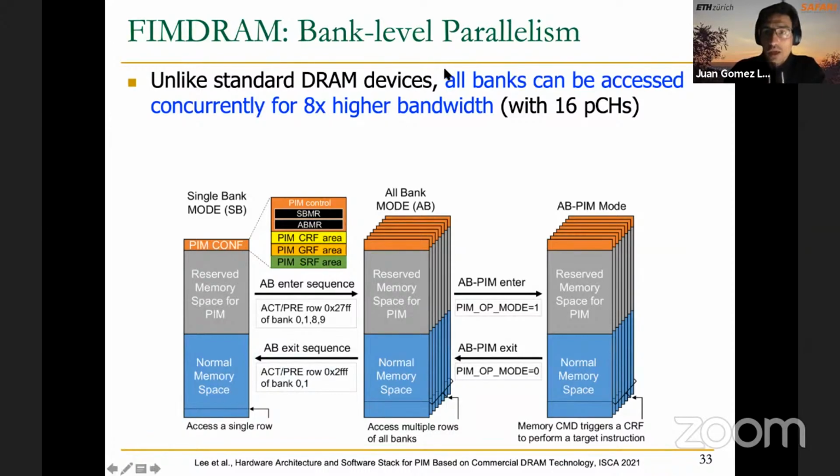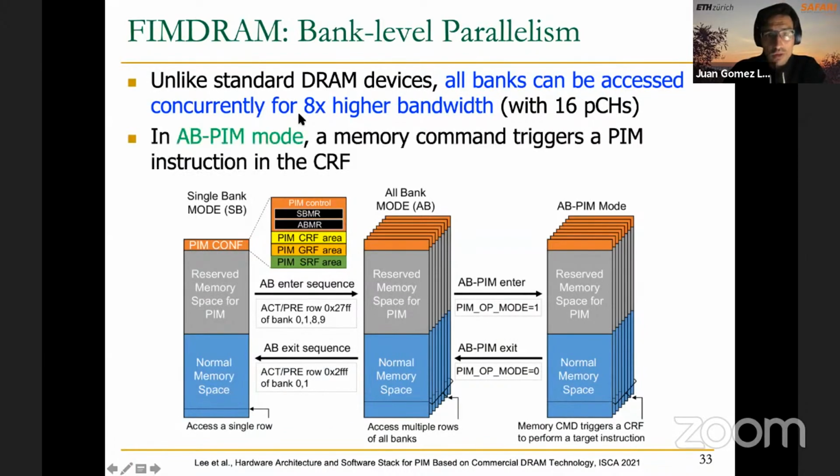So that's why we have to wait twice as much time to be able to activate one row in one bank again, or read from one row in one bank again. And this is why instead of multiplying the bandwidth by 16, we're only achieving 8 times more bandwidth.